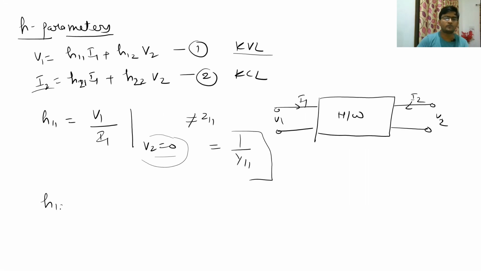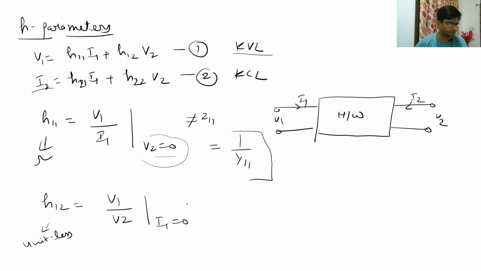Now coming to H12, we will have V1 upon V2 when I1 is equal to 0. V1 upon V2 means both these quantities are voltages, so this is basically unitless. And since H11 was an impedance, its unit will be ohm, and this is unitless.